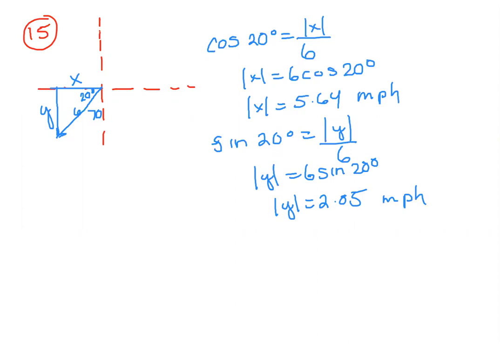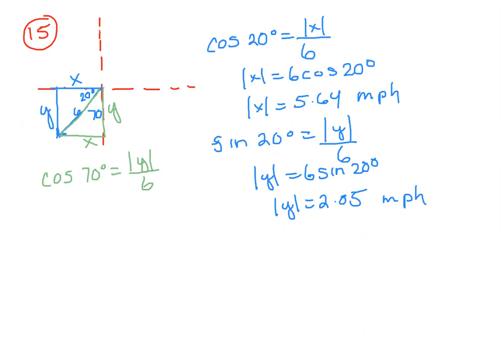Now, if you would have drawn this triangle, and this would have been your y, and this would have been your x, and you would have used 70, you would have had cosine of 70 equals the absolute value of y over 6. And I'm pretty sure that gives you the same thing. Let me check.